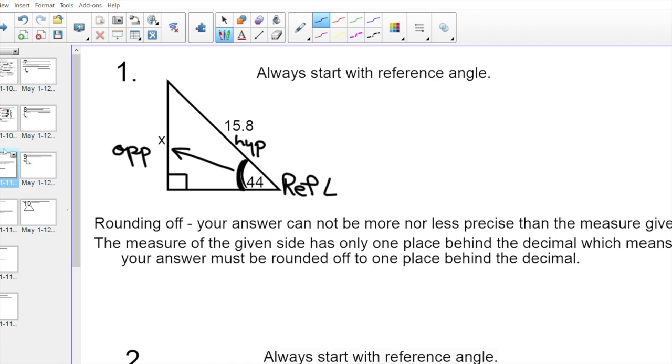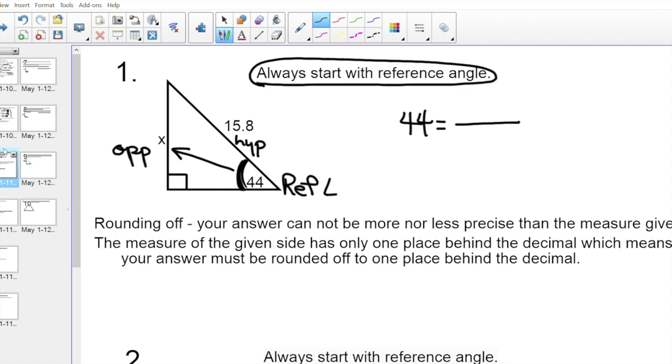Now up here I say for you to always start with the reference angle. So we're going to write 44. And we're going to write a ratio. If you look at what we have, the length of the opposite side to find, and we're given the measure of the hypotenuse.